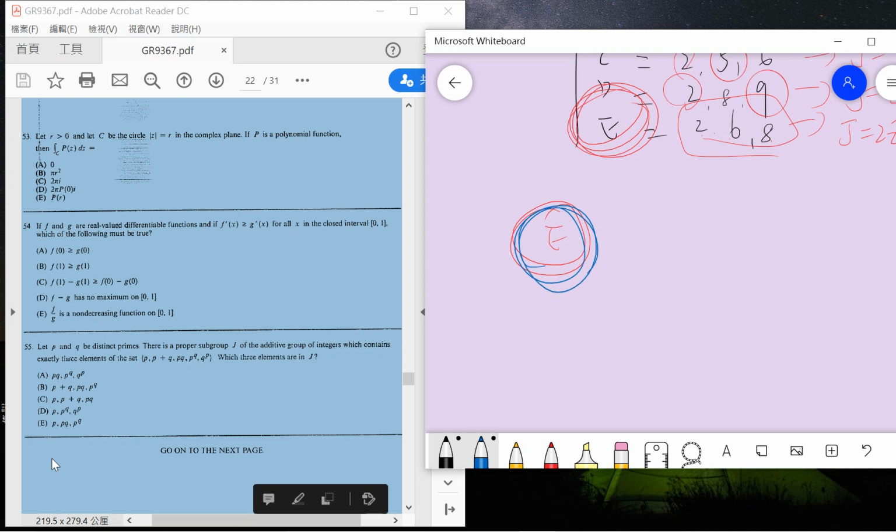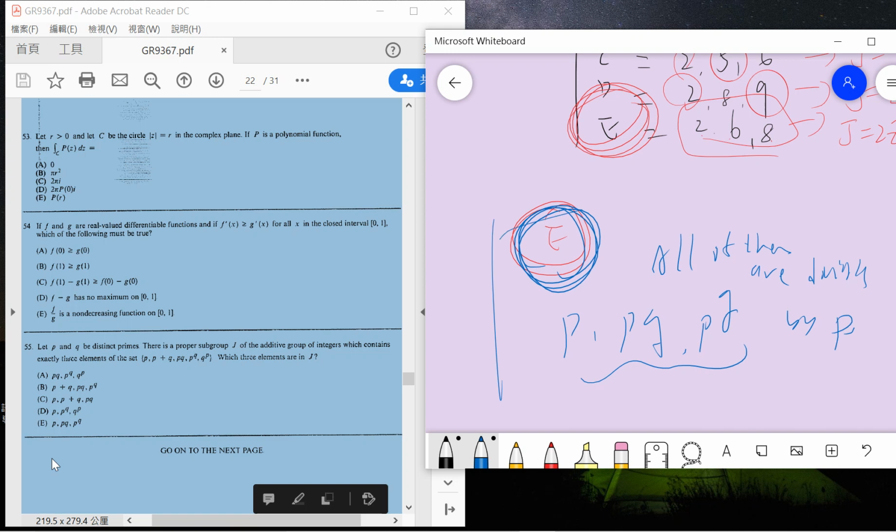So the only remaining is E, where P, PQ, and P to the Q are all divisible by P. So E is what we want, because if the set contains two numbers which are co-prime to each other, then it will generate all the integers, which is not a proper subgroup.